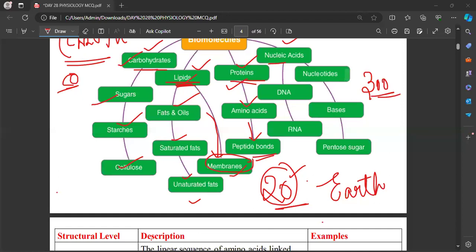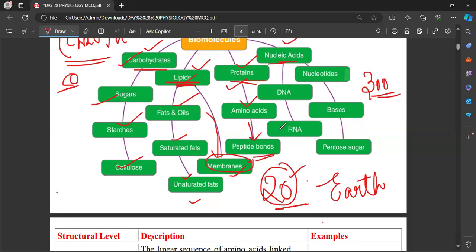Quick, quick, we have less time. Amino acids, okay. When it comes to amino acids, we do not have only these 20 amino acids. We have a lot of amino acids, approximately 300, but the most commonly existing amino acids are 20.